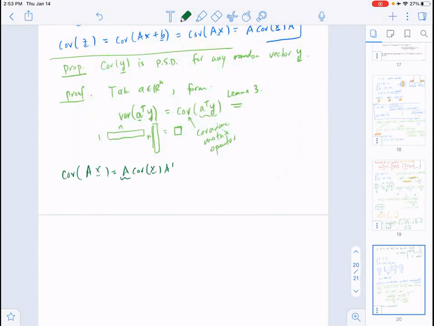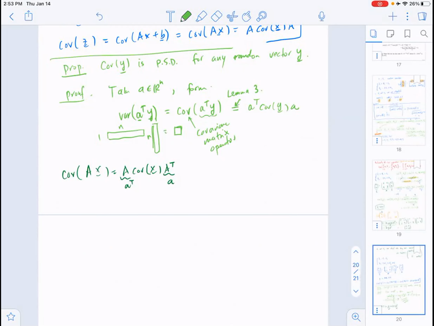So it's A transpose, covariance of Y, and this is going to be A, right? Yes. A transpose covariance of Y, A, right? Okay, this is clear to everyone? A transpose is a matrix, so think of it as this capital A, and the transpose of A transpose is just A. So this is lemma 3 used here.